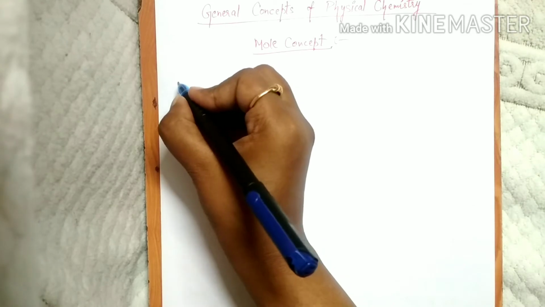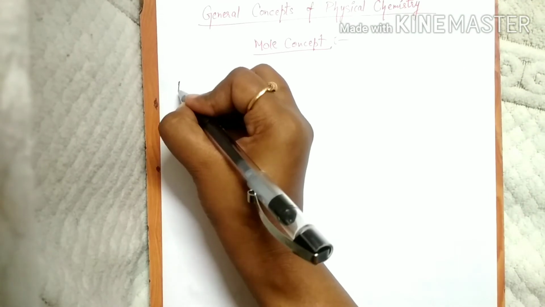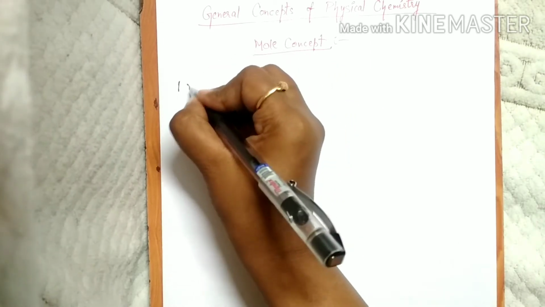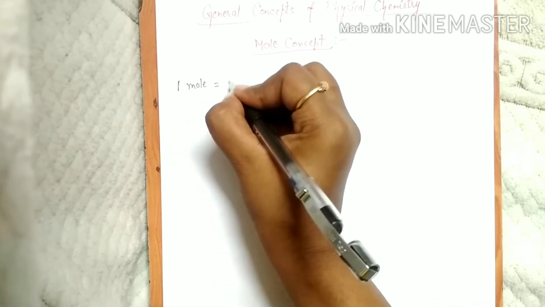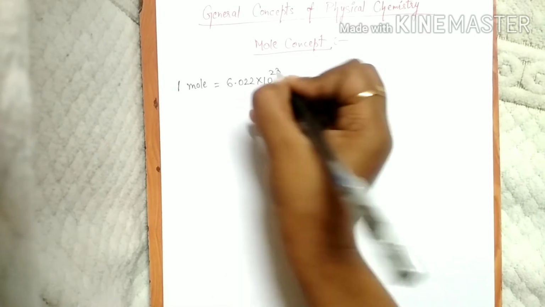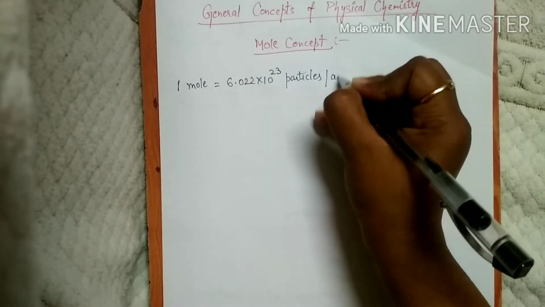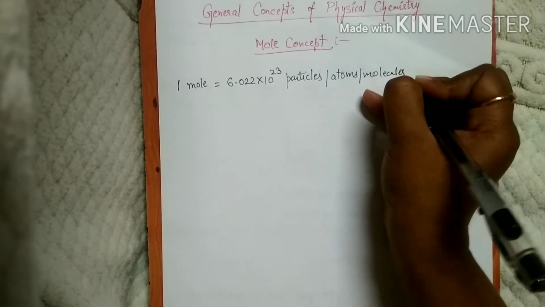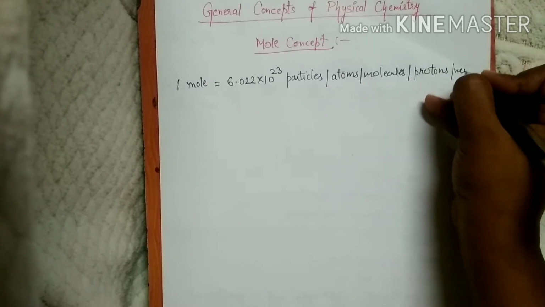You just have to remember this one thing: if I'm taking any substance, let it be any atom or molecule or compound, ionic compound, 1 mole of any compound is always equal to Avogadro number, that is 6.022 into 10 raised to power 23 particles or atoms or molecules or your protons or your neutrons or anything.